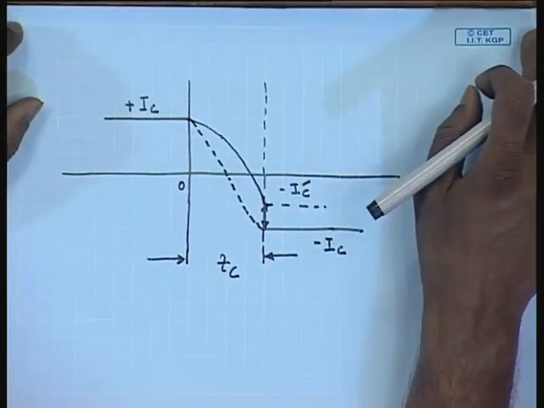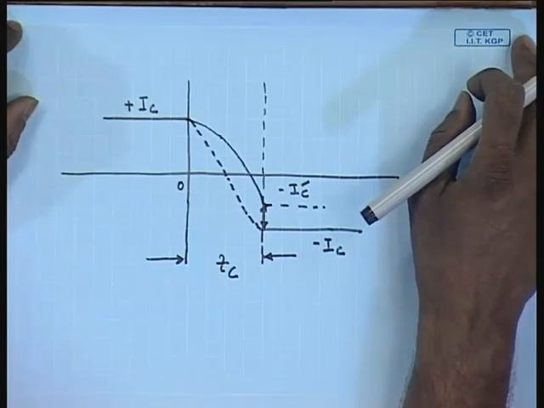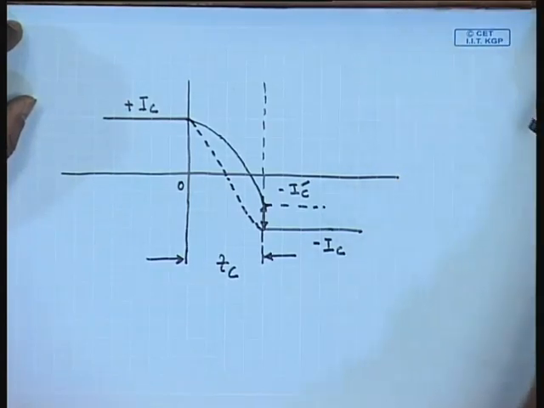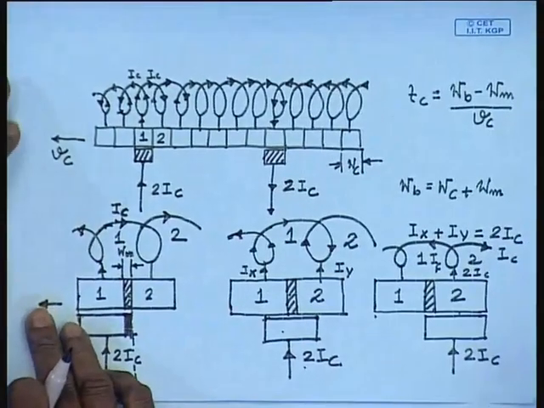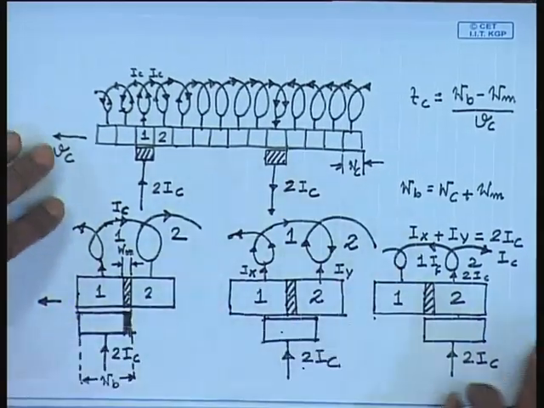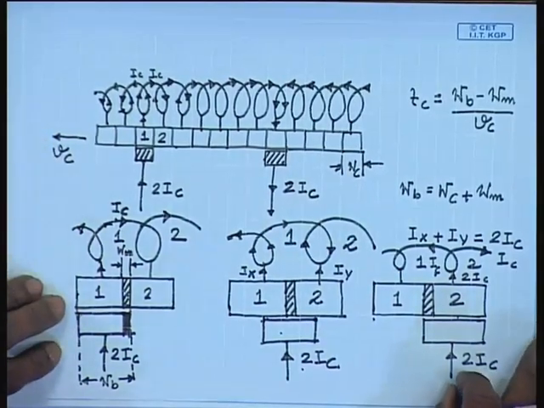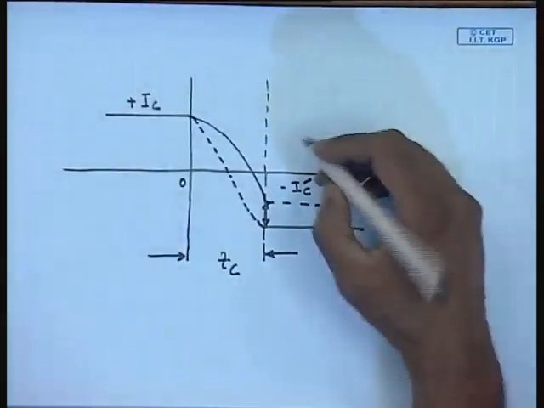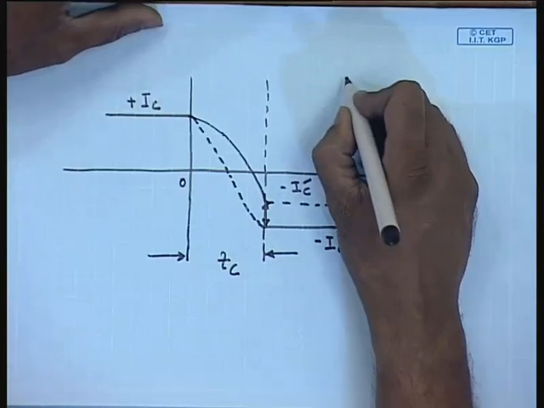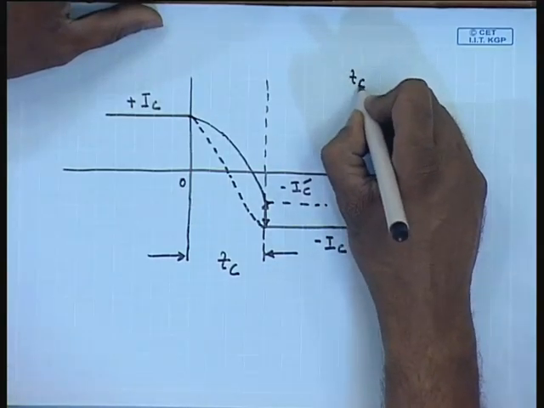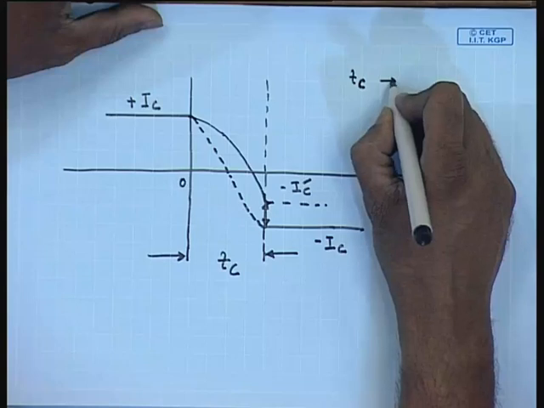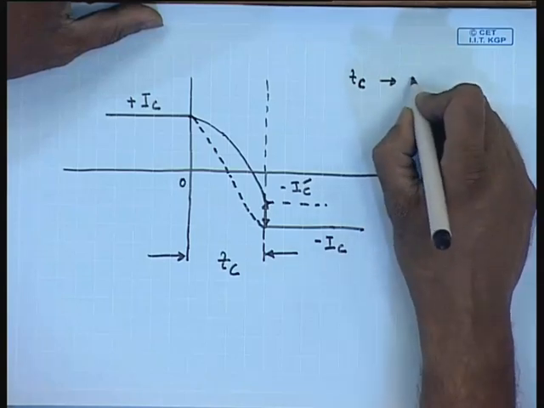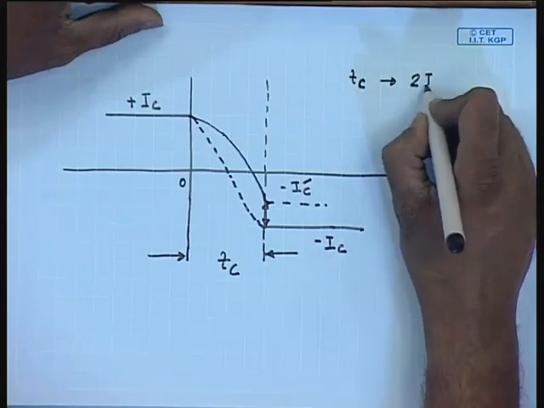But let us first find out what are the reasons for under commutation. First is the self inductance of the coil. We see that in time Tc, the current changes from plus Ic to minus Ic. So, net change in current is 2 Ic.